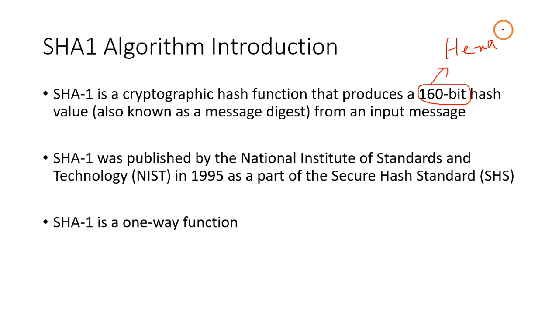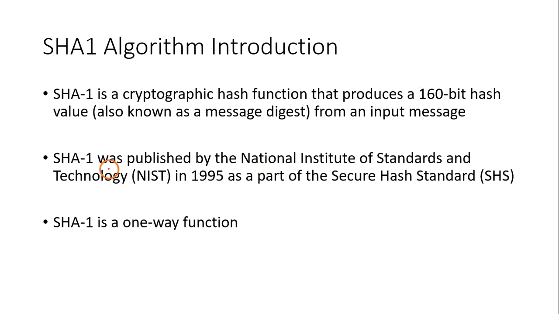Each hexadecimal character is represented using 4 bits, so when you divide 160 by 4, you get 40 hexadecimal characters. So the hash generated by SHA1 contains 40 hexadecimal characters, which equals 160 bits.